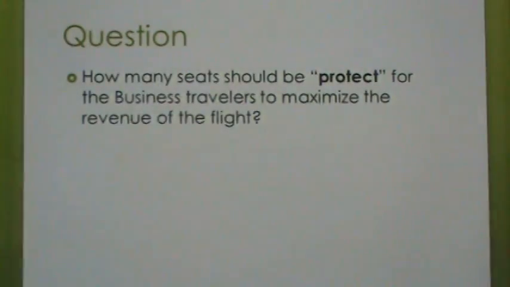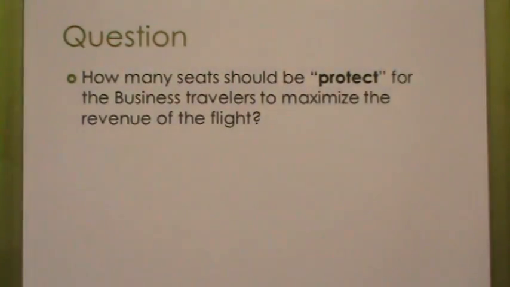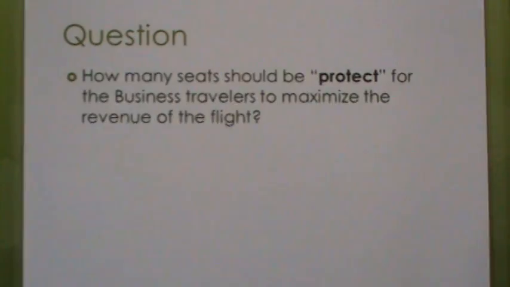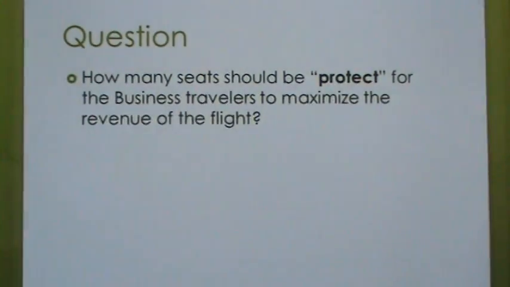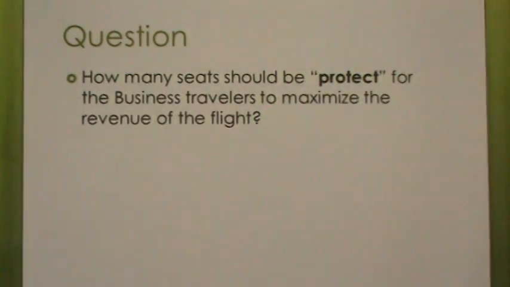Okay, so the question is, it's popular in the airline business to use the word protect. So we'd say, how many seats would we protect for business travelers to maximize the amount of money we get out of the flight? So maybe out of the 100 seats, we might say, we're going to protect 50.